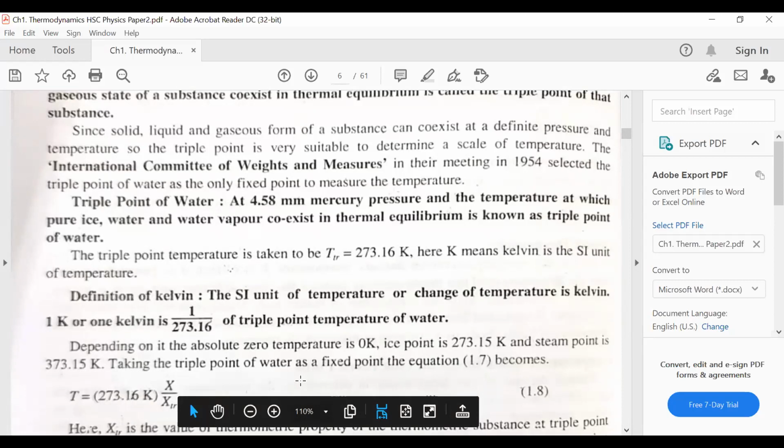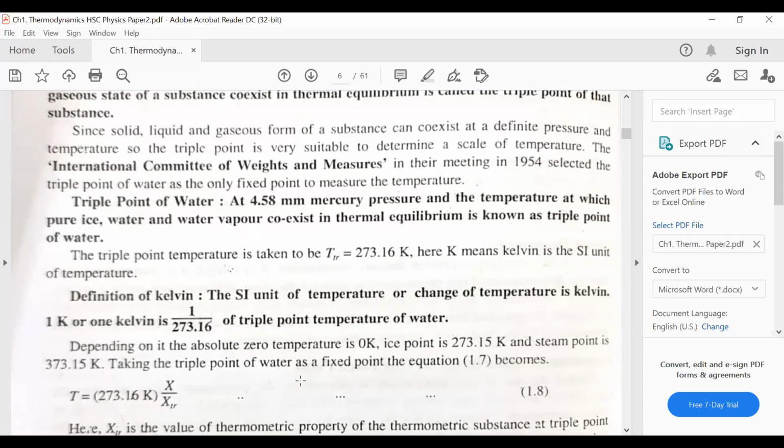Also, 0 Kelvin is called the absolute zero temperature. Why is it called absolute zero temperature? Absolute zero means nothing is moving. It's an ideal concept. No body ever exists at absolute zero temperature. That is the lowest possible temperature any material can have. That's why it is called the absolute zero temperature.